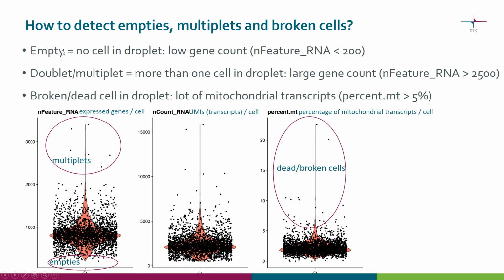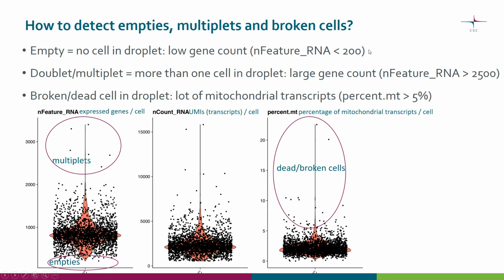It can happen that there's actually no cell in a droplet. We might still get some signal from this droplet if there is some ambient RNA floating around, but typically the number of genes expressed in this so-called cell would be very low.